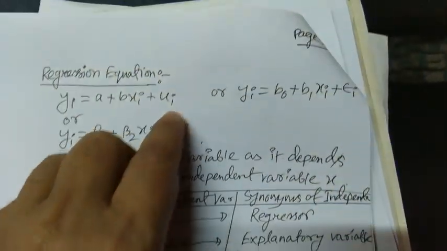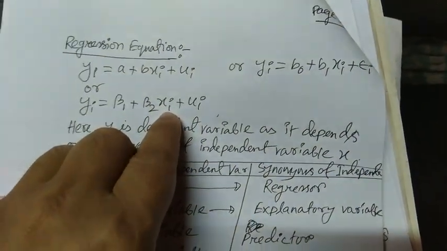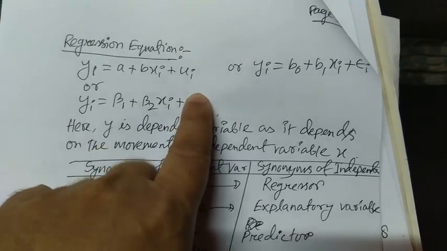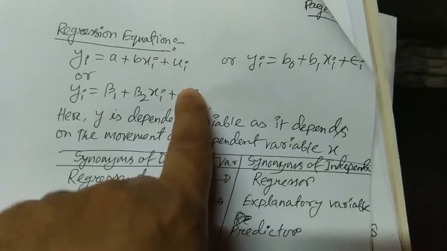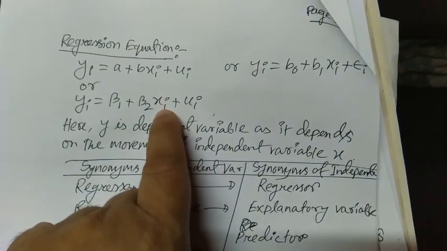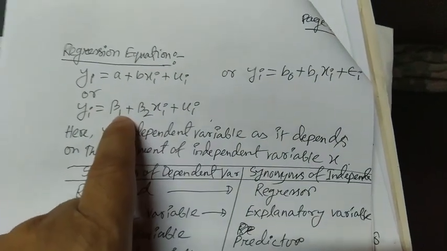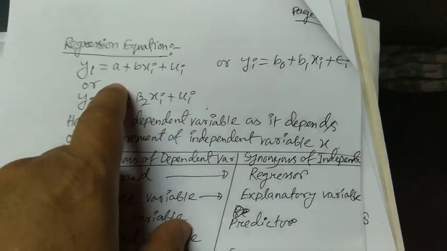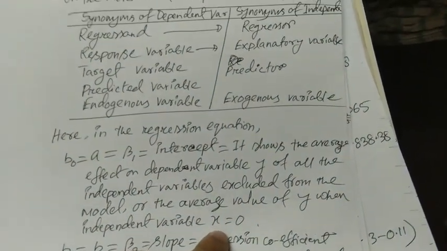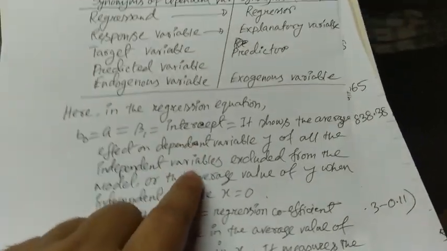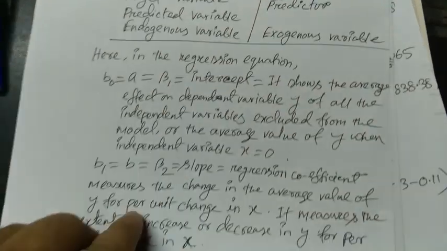That means, for example, if you put the value of x equal to 0 and there is no error term, then you will get the intercept, that is beta 1 or a or beta 0. That means if the explanatory variable is 0, you will get the intercept.